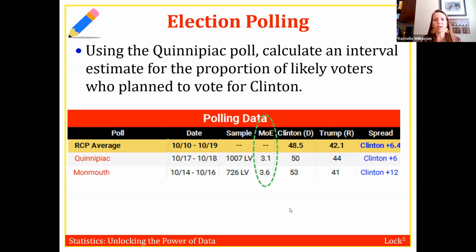true population parameter. Now with elections, one thing that's interesting is that we can take these polls, and if we're pretty close to election day, which these were, just within a couple weeks of the election date, then when we take our poll we're only taking a sample, but on election day we get the real population value. We actually see what percent of the voters voted for each candidate.